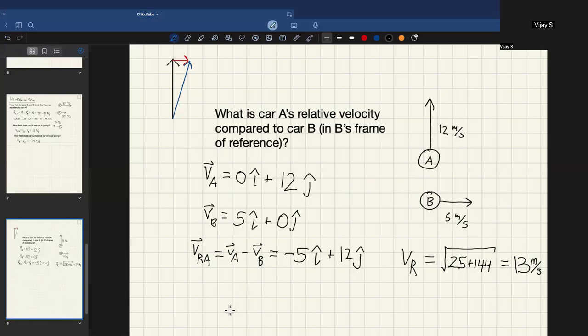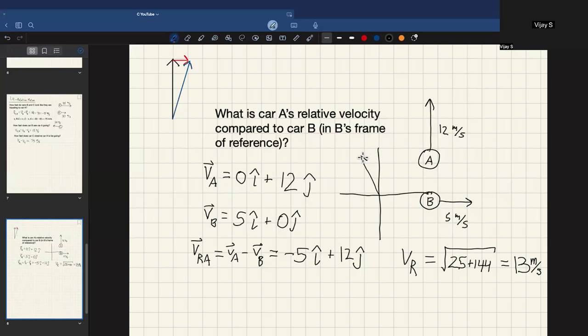To find the direction, well, we know that A is going up and to the left. So when I'm finding my direction, I'm going to define it from the negative x-axis. That way, when I do an arctangent function, it's going to be a little bit easier. So here's A's relative velocity.